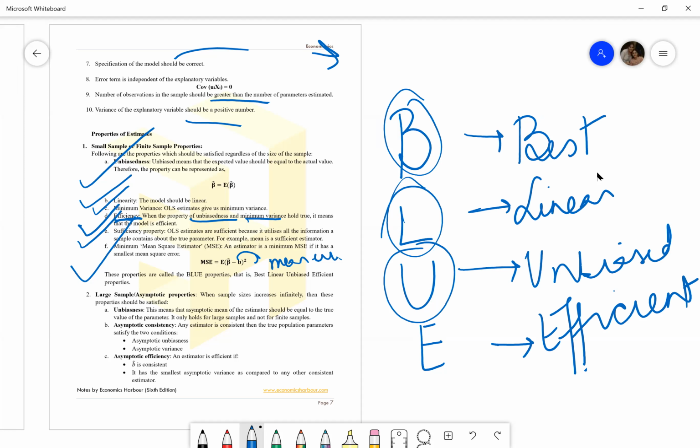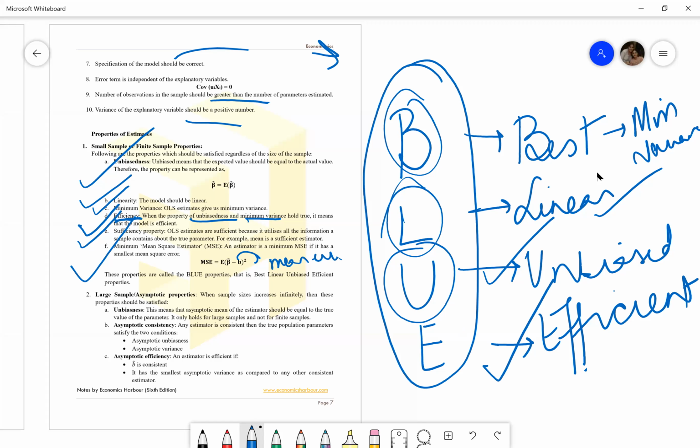They are best in the sense they have minimum variance, they are linear in nature, there is unbiasedness, and they are efficient in nature. So whatever estimators we get from the OLS method, all of them fulfill the BLUE properties.